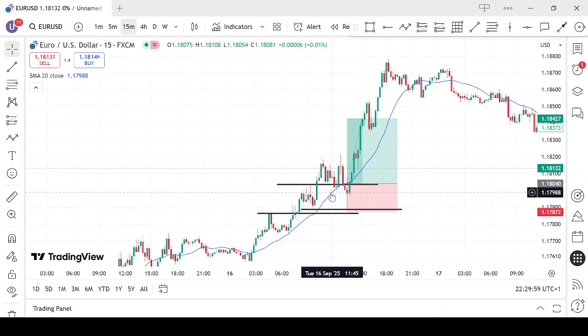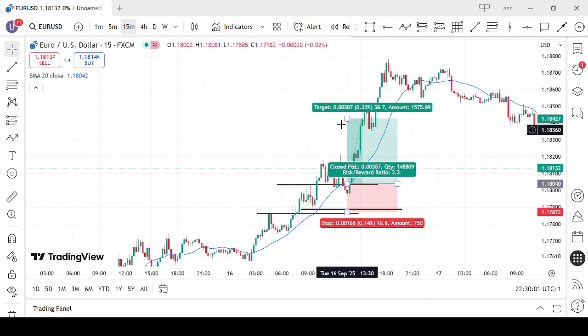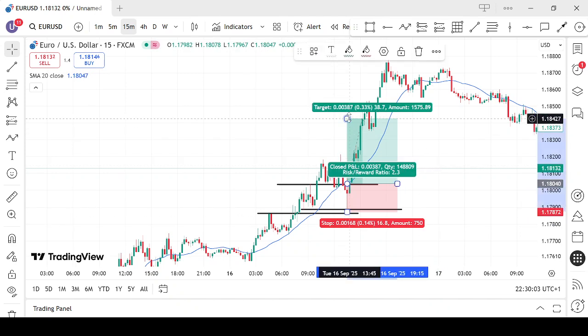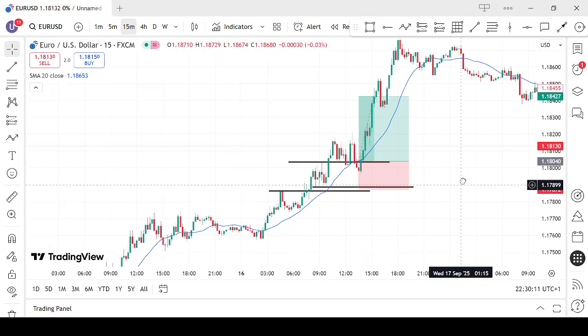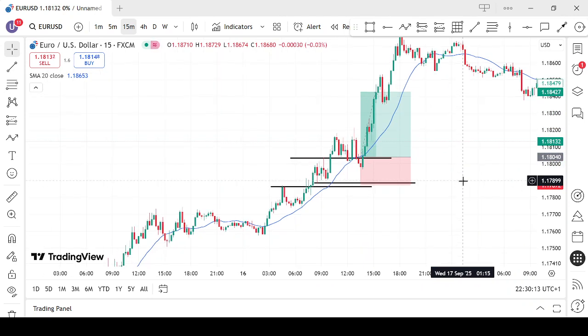You have to determine where to take your profit by aiming for a minimum of 1:2 or 1:3. You also have to avoid trading during major news events as volatility can spike unpredictably.